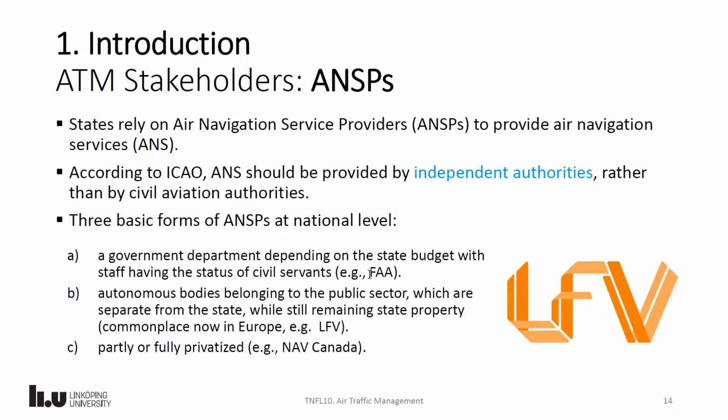But what's more common in the world is that the ANSPs are autonomous bodies belonging to the public sector, but they are separate from the states. So, for example, this is generally the case for the air navigation service providers in Europe, including LFV in Sweden.